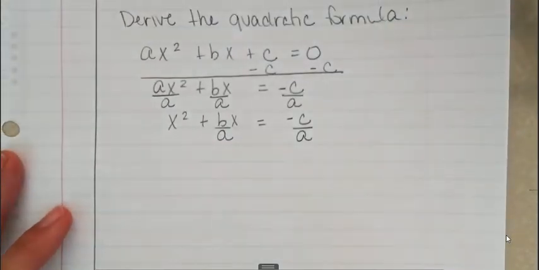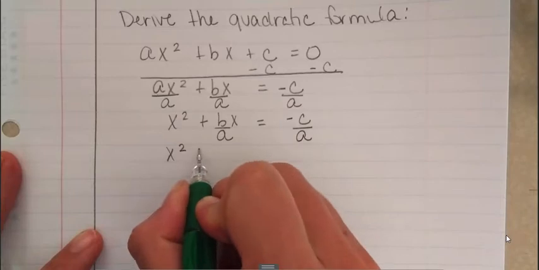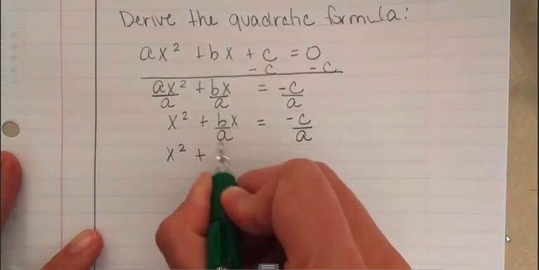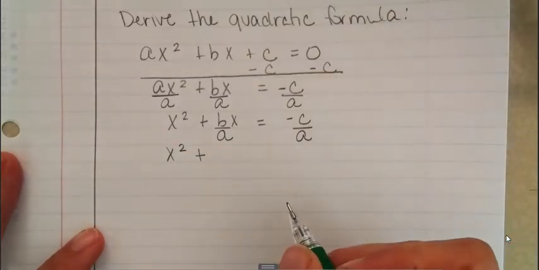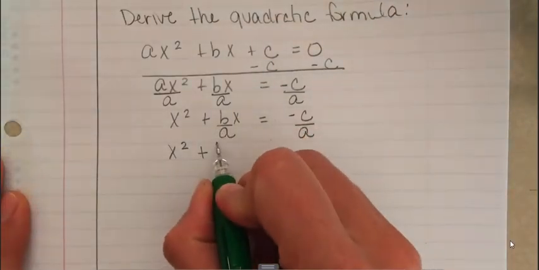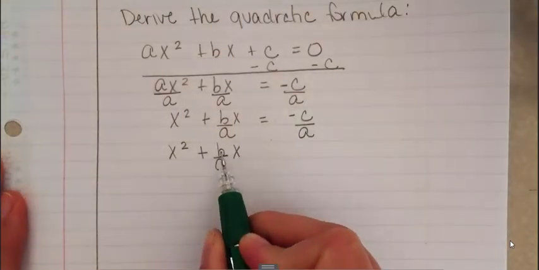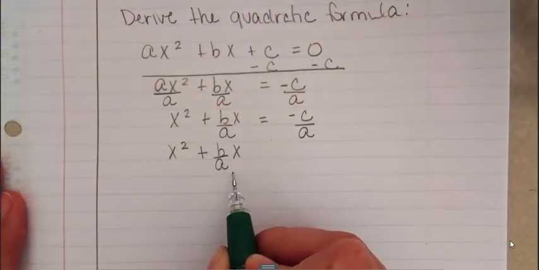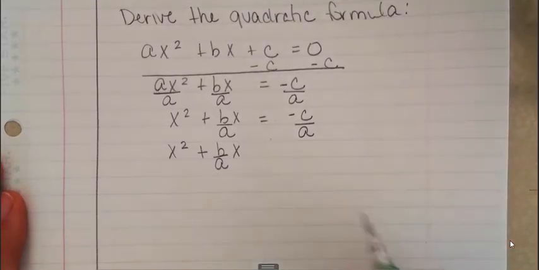So now this could get a little bit tricky. I am going to add to both sides. I have to take this b over a x, divide that by 2 and square it. So dividing b over a by 2 is going to be a little bit tricky, and hopefully you realize that dividing by 2 is the same thing as multiplying by a half.